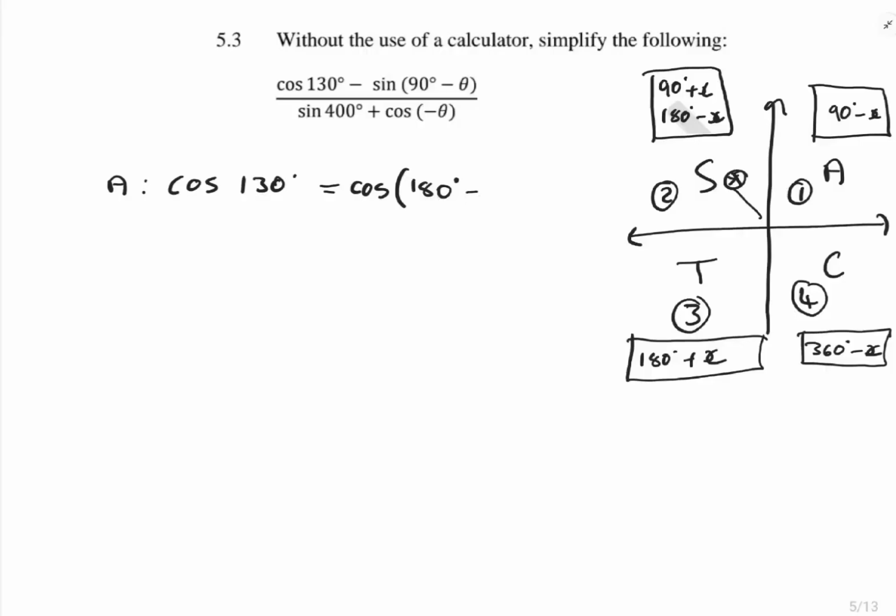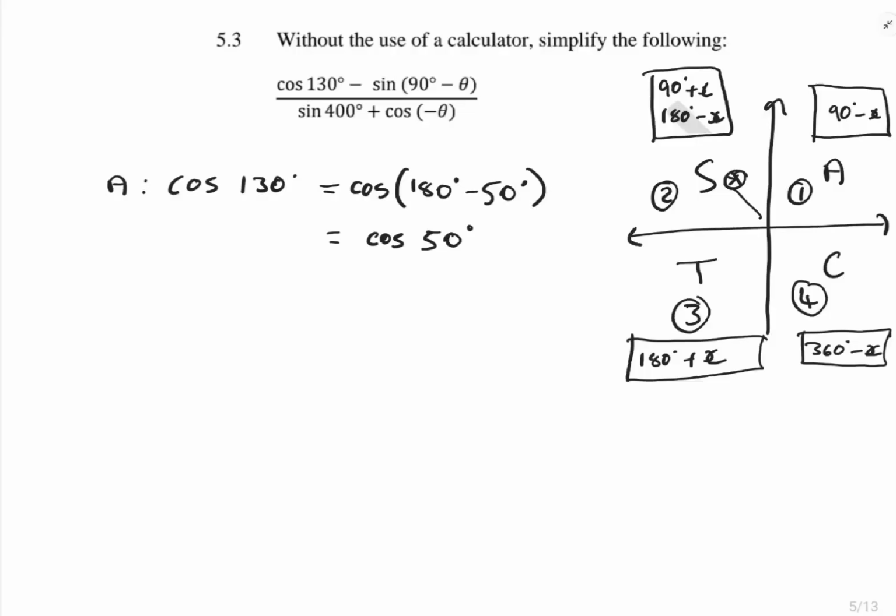It's 180 minus 50 degrees. Then this comes out to be cos 50 degrees. Or, from the perspective of 90 plus 40 degrees, yes, 90 plus 40 degrees.